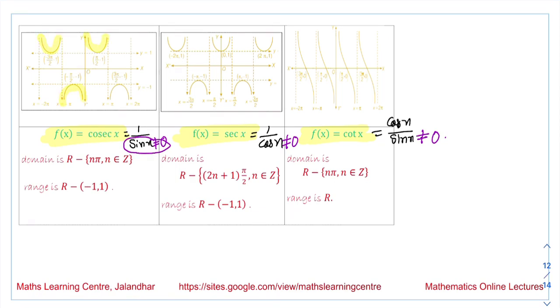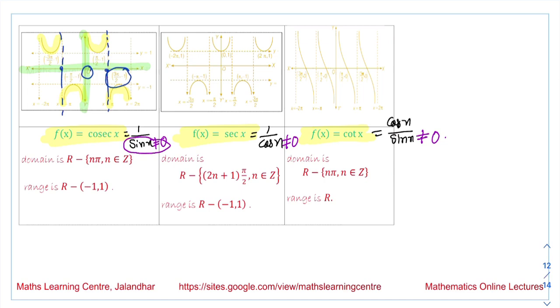If we plot these functions on the x-axis and y-axis, we will obtain the graphs in this form. From this graph also it is clear that this function is not defined for these values over here. If we are talking about secant x, it is not defined for 3 pi by 2 or minus pi by 2.